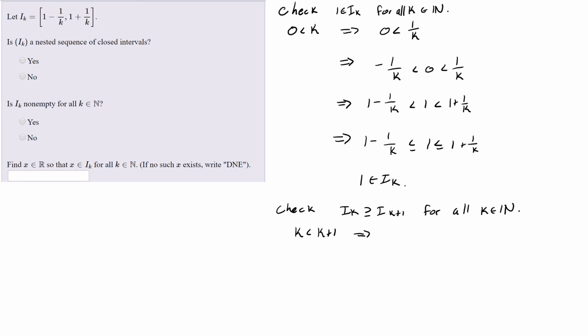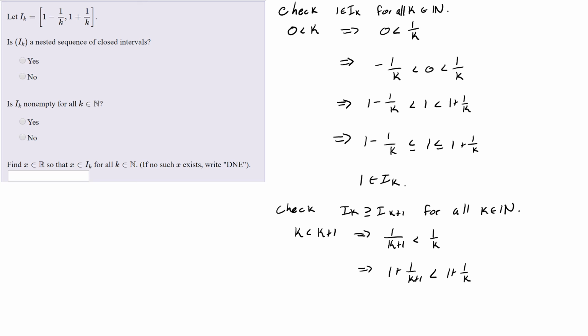And this tells us, by dividing both sides by k and k plus 1, that 1 over k plus 1 is less than 1 over k. And then we see that this tells us that 1 plus 1 over k plus 1 is less than 1 plus 1 over k.